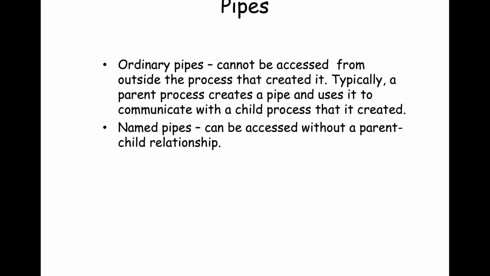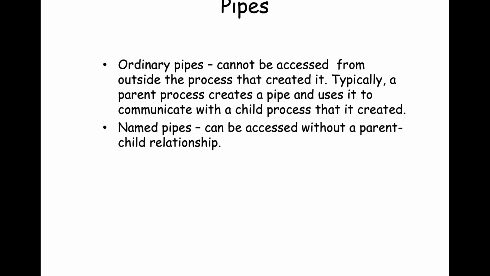So there are two types of pipes. One's called an ordinary pipe, and these cannot be accessed outside of the process that created it. Now, we said that when a parent process forks itself to clone itself and create a child, it creates a duplicate. And one of the things that is duplicated is that pipe structure, and that allows a parent process to use pipes to communicate information and coordinate with a child process.